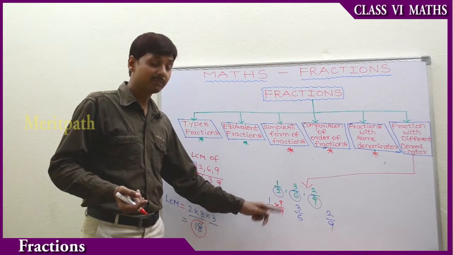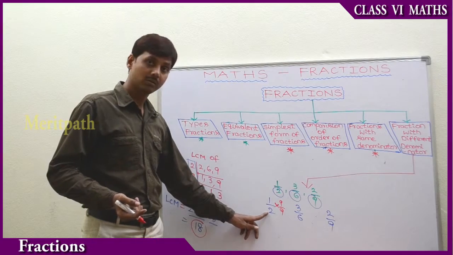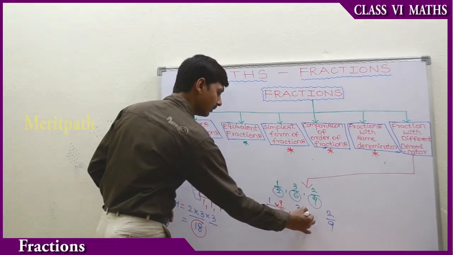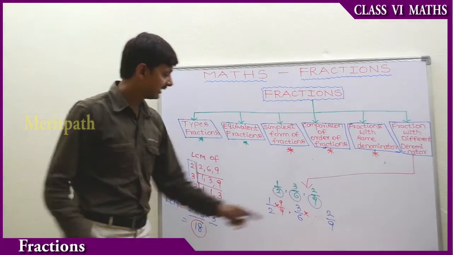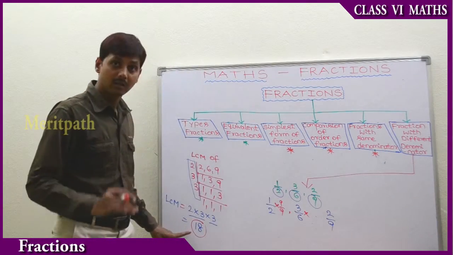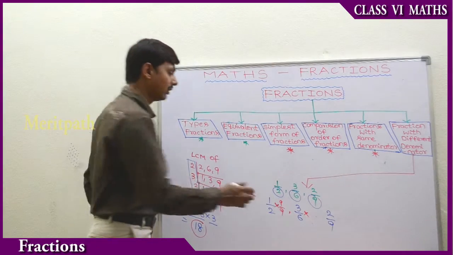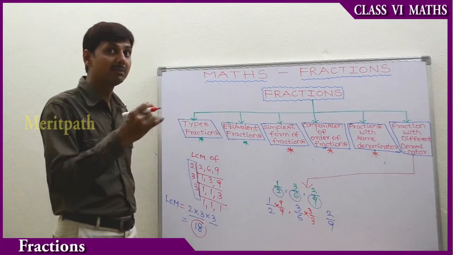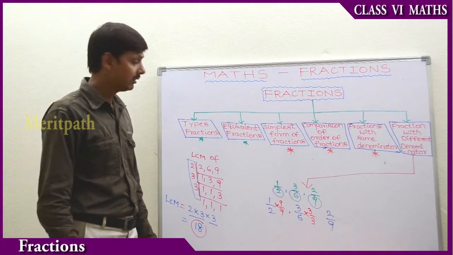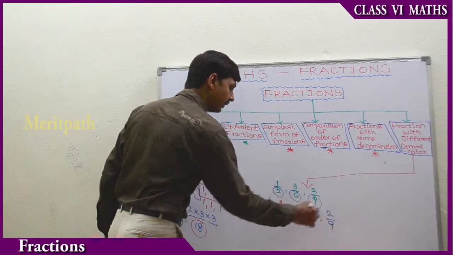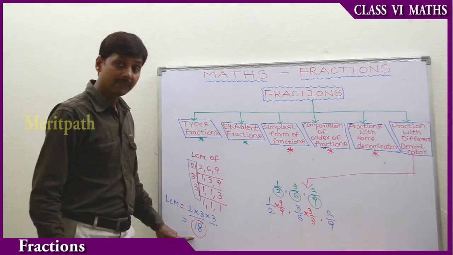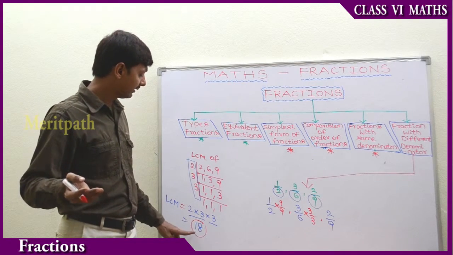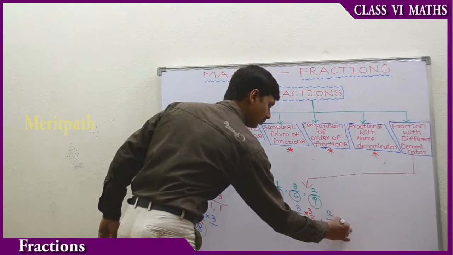So we took 9 by 9, because 2 into 9 is 18. Next, 6 should become 18, so we multiply by 3 by 3 and get 18. Here in 9, 9 into 2 is 18, so 9 should become 18, and that's the reason we multiply by 2 by 2.